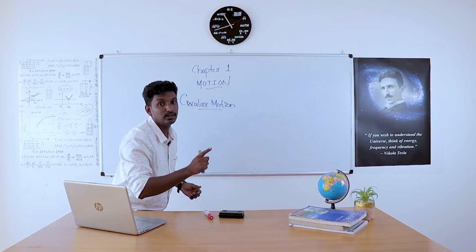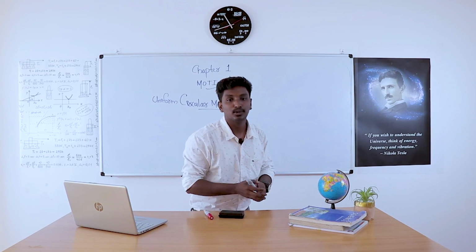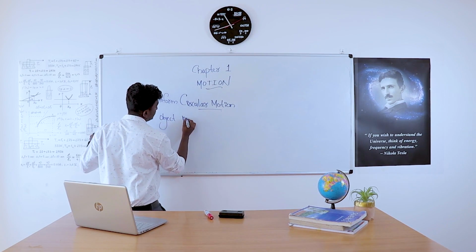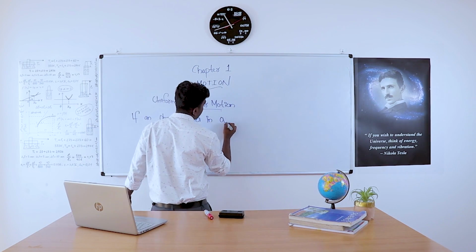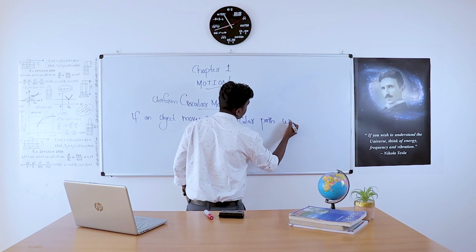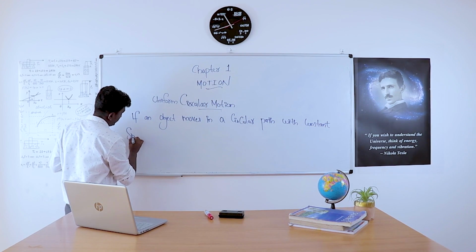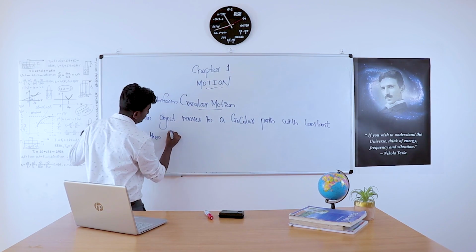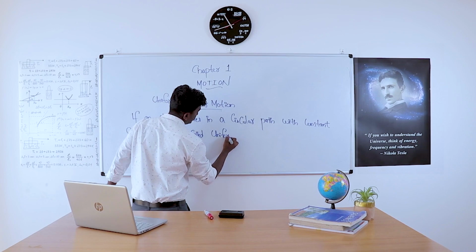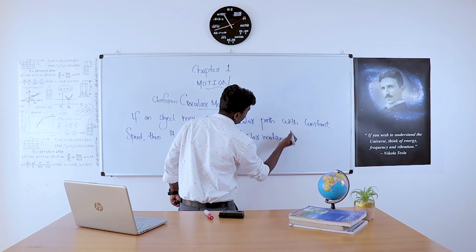If an object moves in a circular path with constant speed, then it is called uniform circular motion.